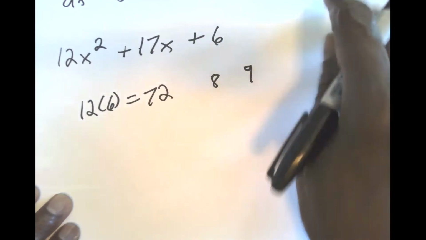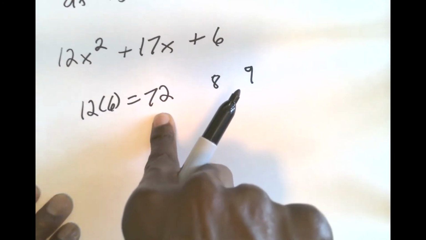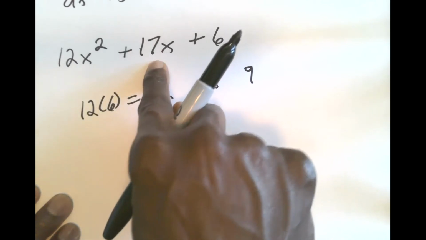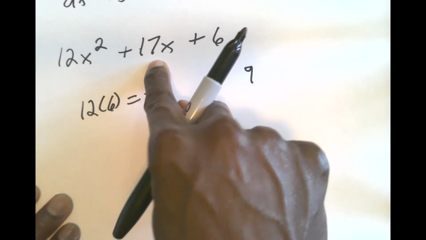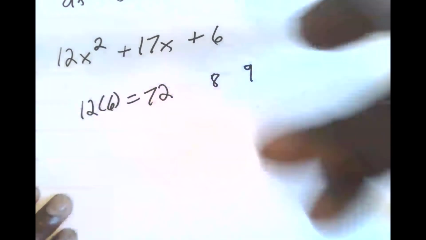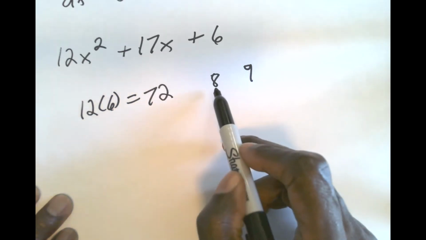So it's called the AC method because we multiply A times C. And whatever we get for A times C, we look for two numbers that multiply to give us that number and also add to give us the B number. After that, it's going to be factoring by grouping. We're going to split the middle term.